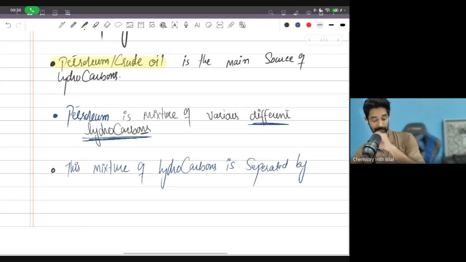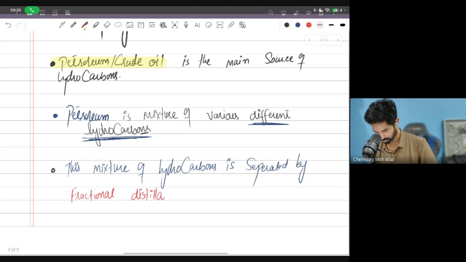There is a technique called fractional distillation. So a mixture of hydrocarbons is separated by the experimental technique called fractional distillation. Now we know that this technique works. How does it separate? There is a principle on the basis of which it separates.